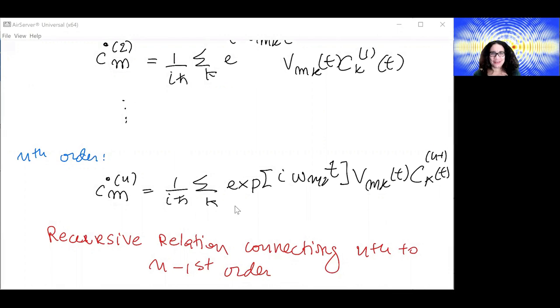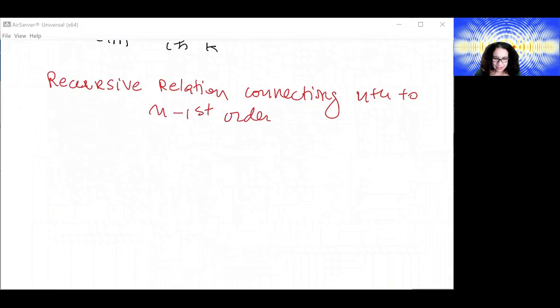What I'm going to do now is look at these expressions order by order, and we're going to commence with the most widely used order, which is the first order term.